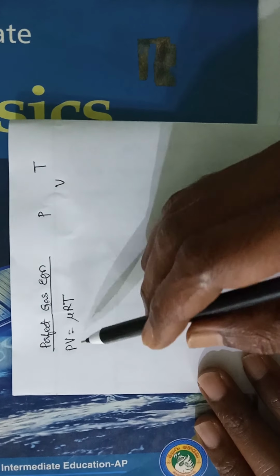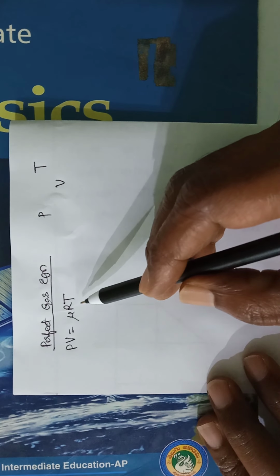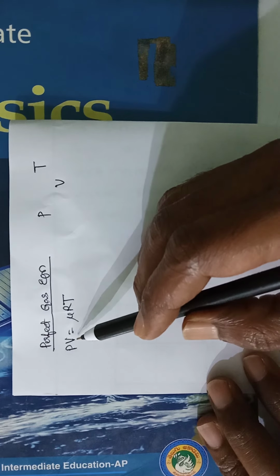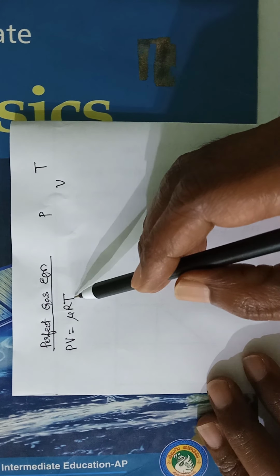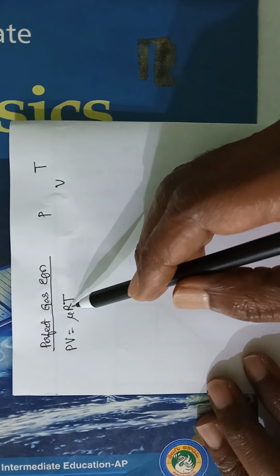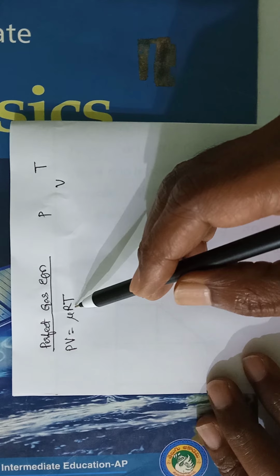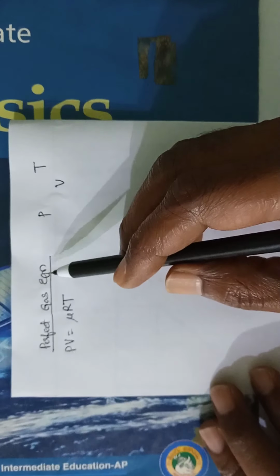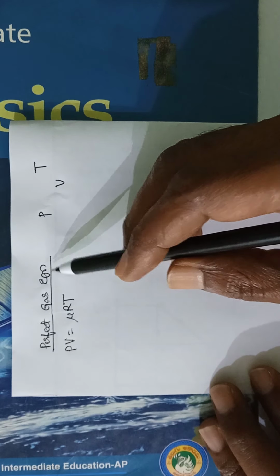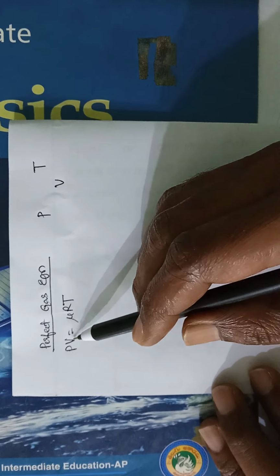This is the perfect gas equation. P means pressure, V means volume, T means temperature, and these two are constants. Mu stands for number of moles, R is the universal gas constant. So the perfect gas equation is a relation between three variables: pressure, volume and temperature.